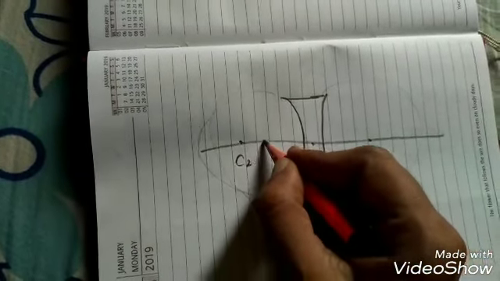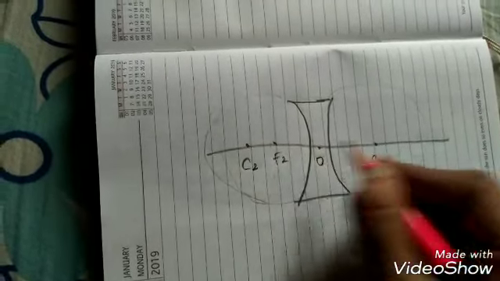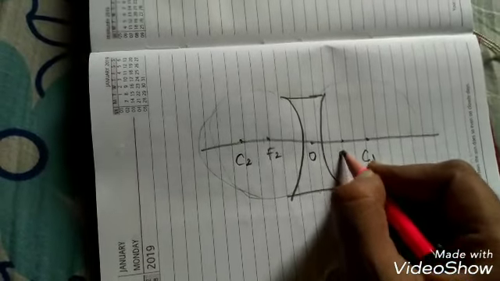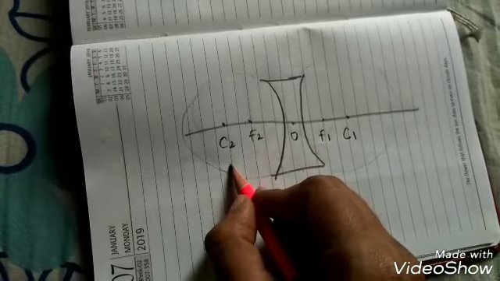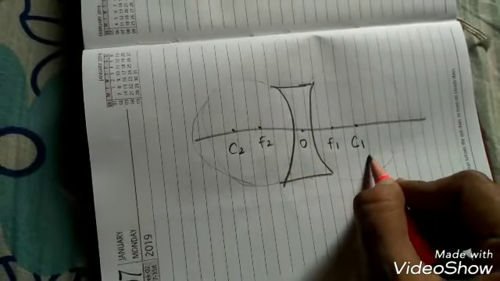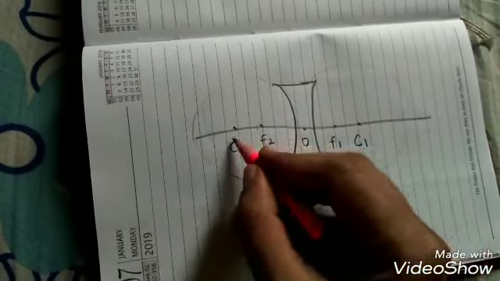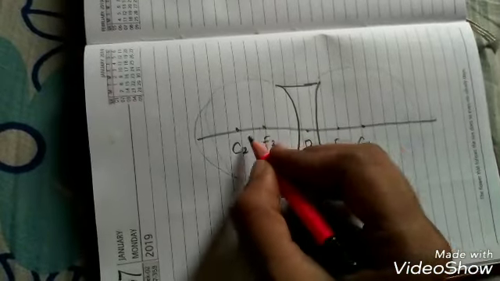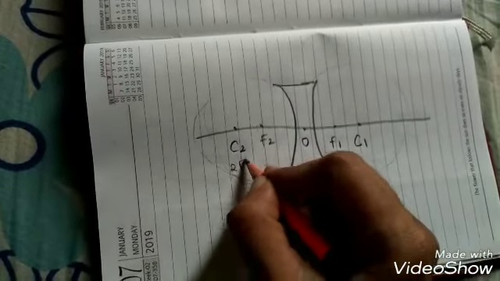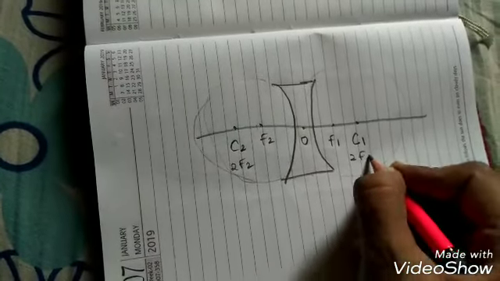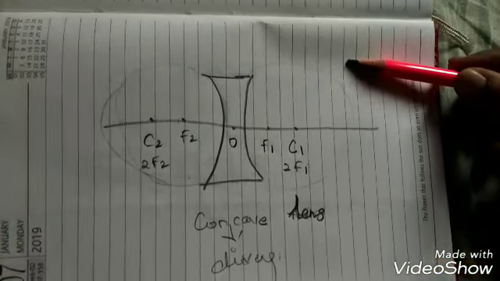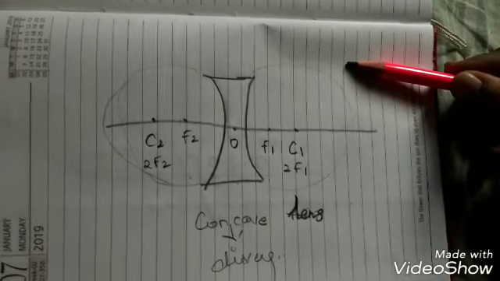This will have a focus, I term it F2, and this will have a focus, I term it F1. You can name it either way. I can even take F1, C1 here and F2, C2 here, that depends. In the same way, C2 I can also call 2F2, and C1 I can also call 2F1. These are the basic terminologies of a concave lens.